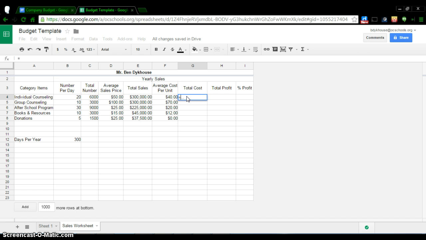So I'm going to type in equals. Then I'm going to click on C4. That's the total number of individual counseling sessions I would offer in a year. And I would multiply that by the average cost. So this is how much, again, individual counseling is going to cost me in a given year.